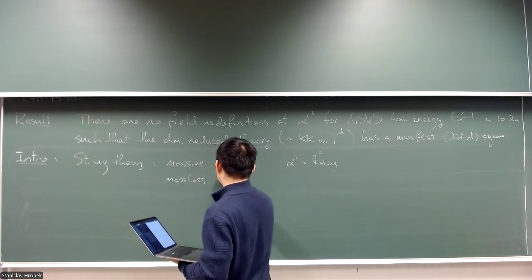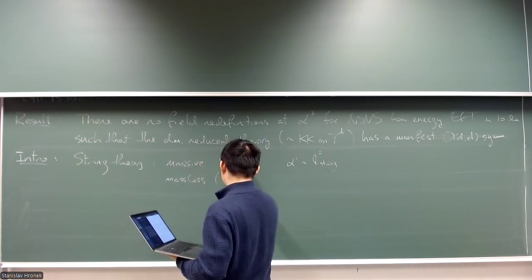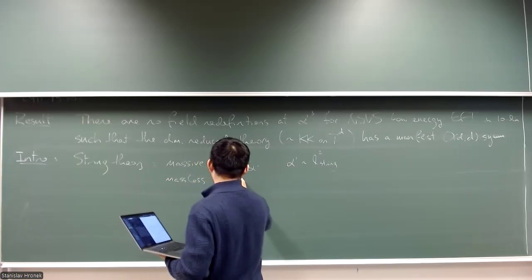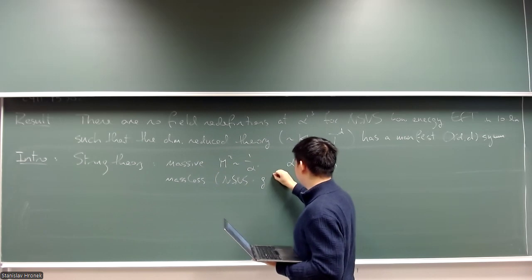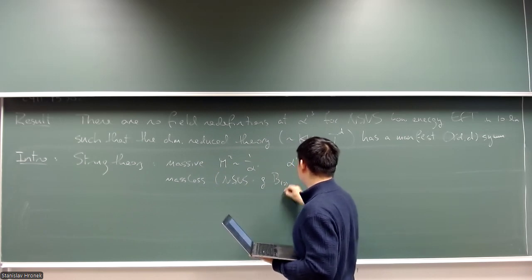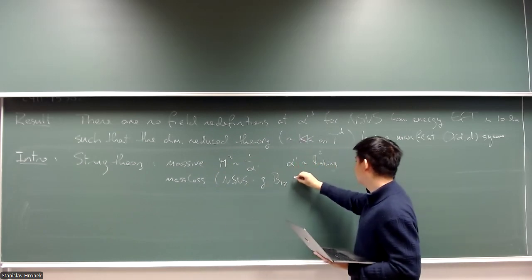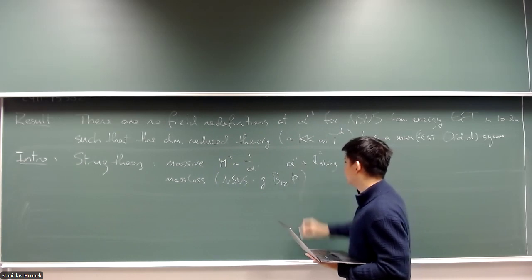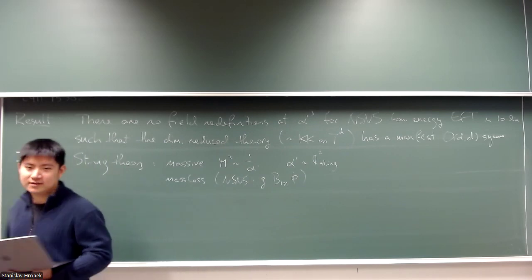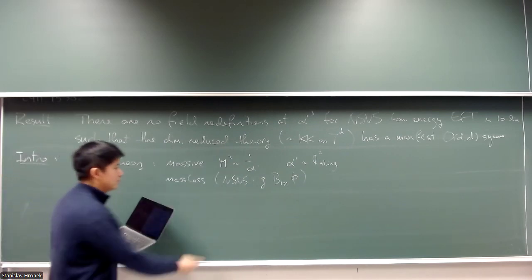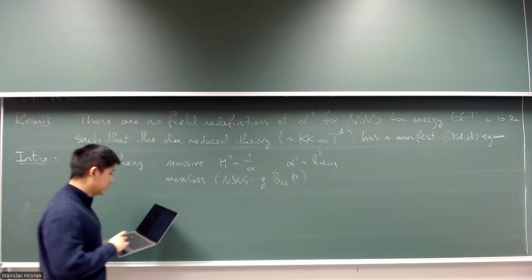In the massless sector there is the NSNS sector, which includes a metric field, a two-form field, and a scalar dilaton. There are other fermions and fluxes, but we don't care about that today.